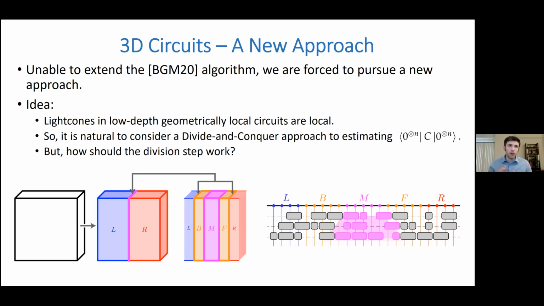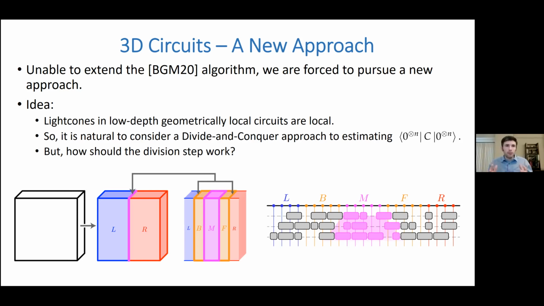So our intuition goes back to the types of properties that people would always think about for simulating geometrically local low depth circuits. And that is that the light cones of output wires in these circuits are local.